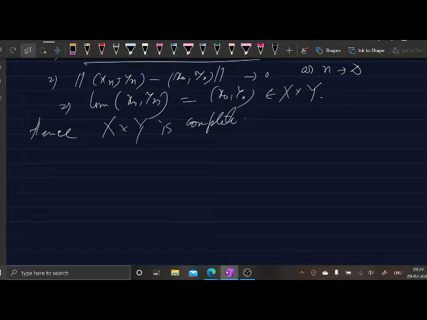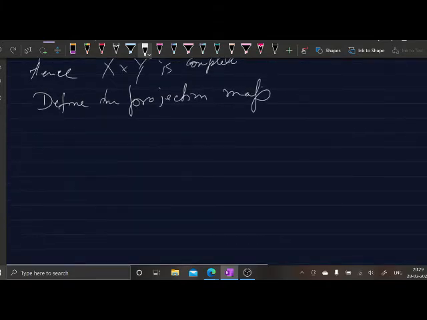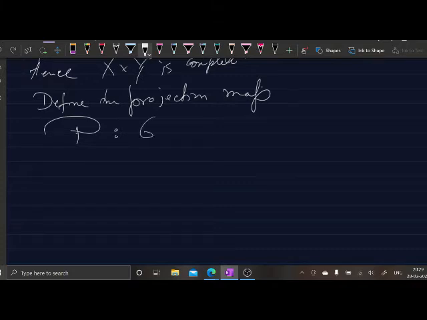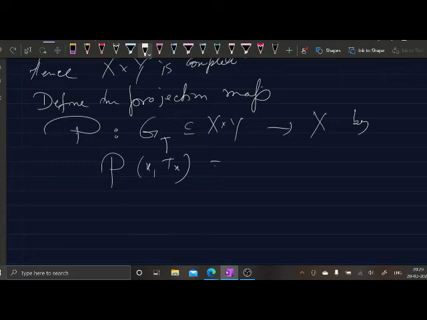Now let us define the projection map P from the graph of the linear map T, which is a subset of X cross Y, to X. So you have chosen the first projection map, that is, (x, Tx) goes to x.